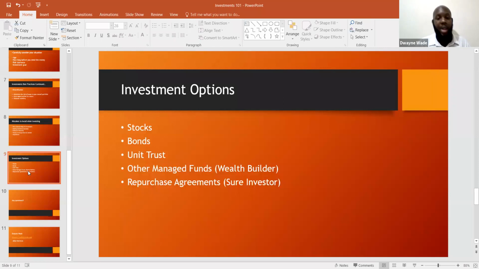Here at JMMB, we have a product called the Wealth Builder, which is very diversified. Remember, I talked earlier about the importance of diversification. It's a diversified product that's invested across a number of different unit trust products invested in different things: bonds, money market instruments such as treasury bills and repurchase agreements, real estate, stocks, and once again, it is managed.